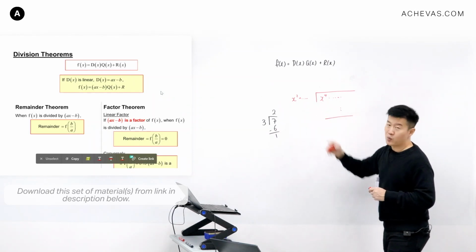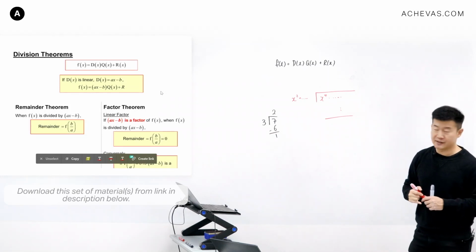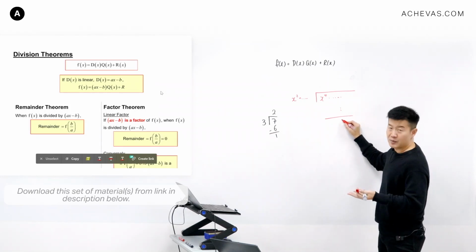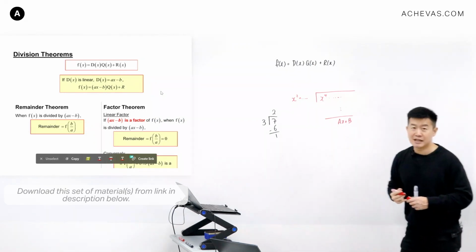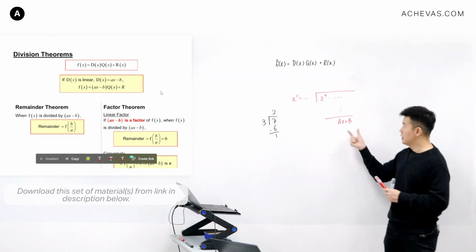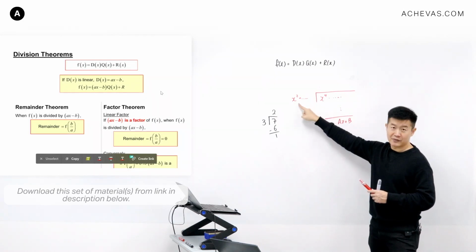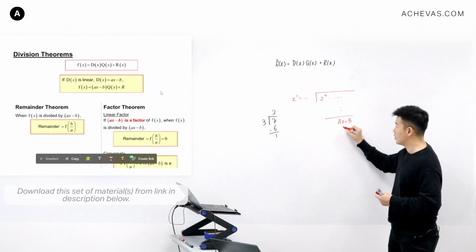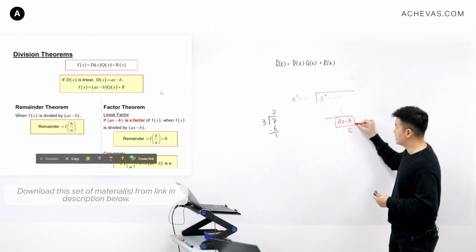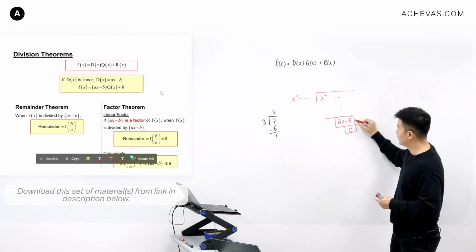The remainder should be 1 degree less than the divisor. So I'll be expecting a remainder that looks like either this, which is a linear expression, a linear polynomial, so the degree is 1, less than the divisor, which is 2. Or it can also turn out to be just a constant. So it can be either this or this.